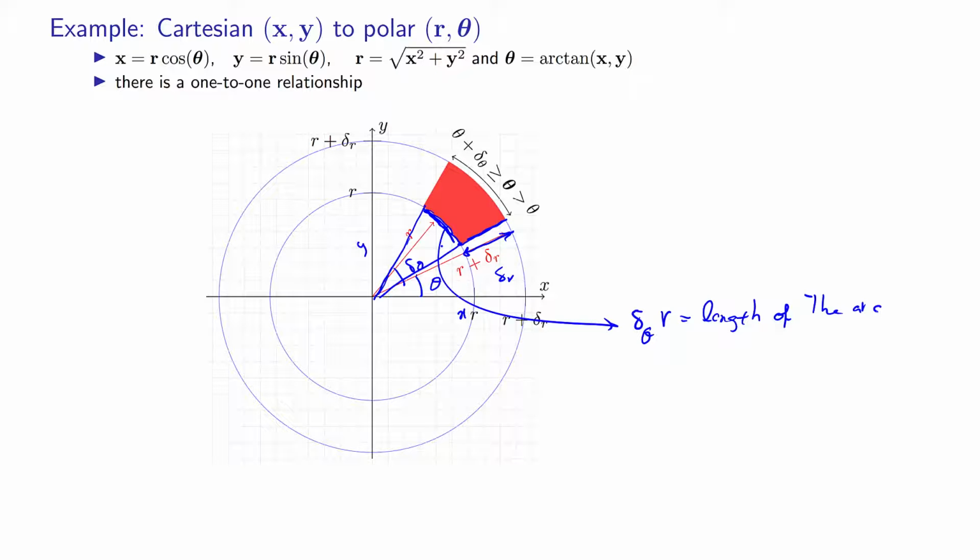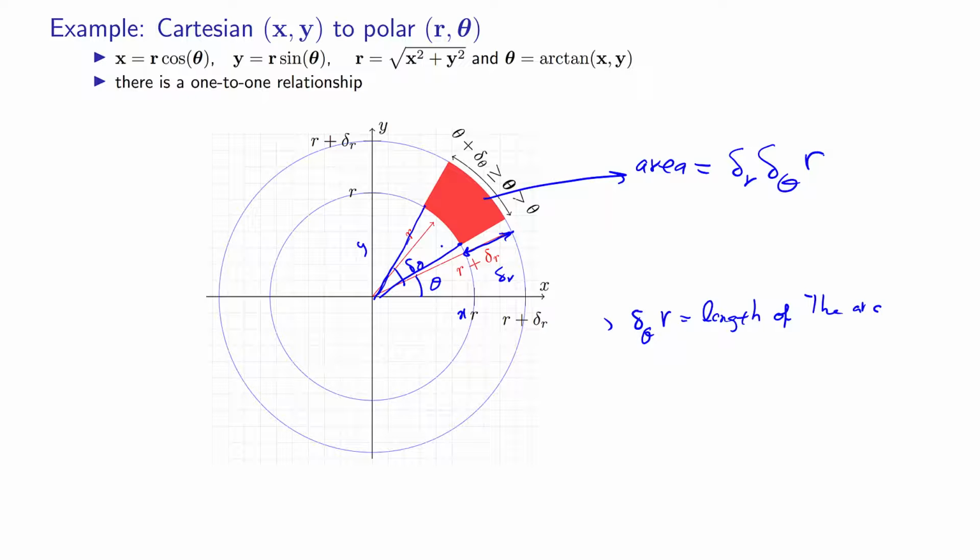So if delta theta is a very small number and delta r is a very small number, this is like a rectangle. So this area, because it's a rectangle and this is perpendicular, is going to be delta r times delta theta times r. So the red area.